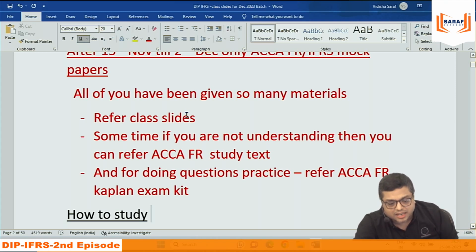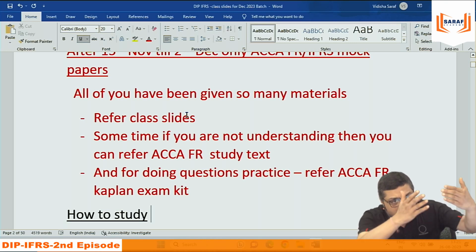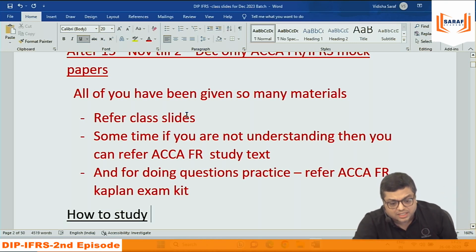Any engineer, doctor, or lawyer whose background is not accounting will take a little time to understand. But the purpose of accounting is that any normal person not related to accounting should be able to understand the financials properly.